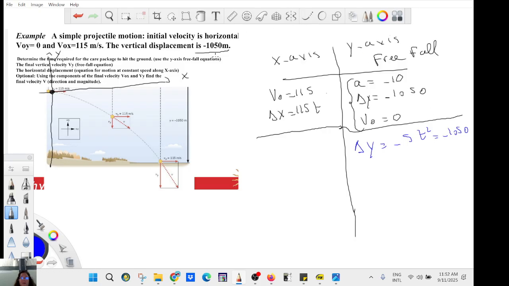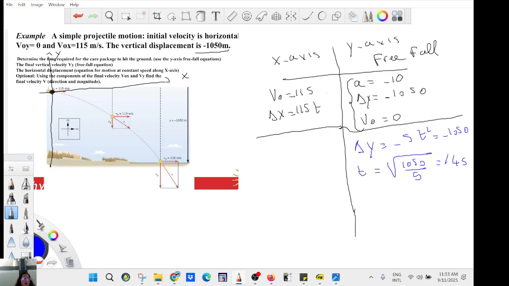Is it the vertical displacement? Yes, the vertical displacement is that. So t equals the square root of 1050 over 5, because it's the vertical displacement, so it's delta y. 14? Do you all agree? 14. Okay?